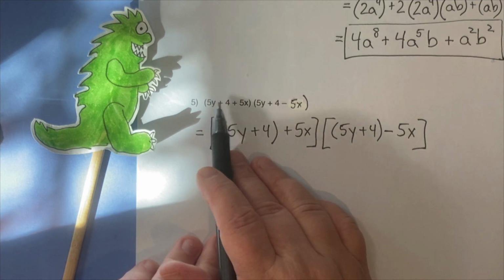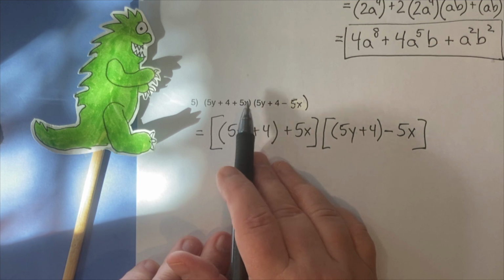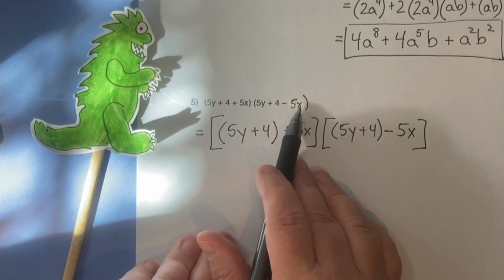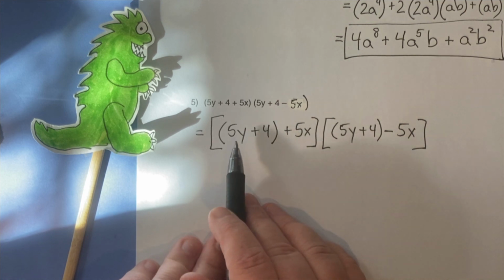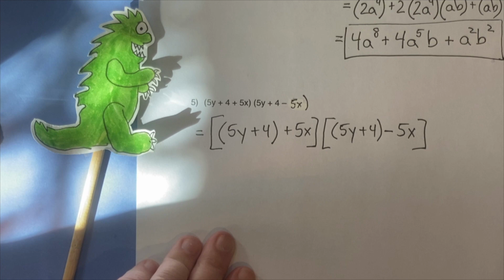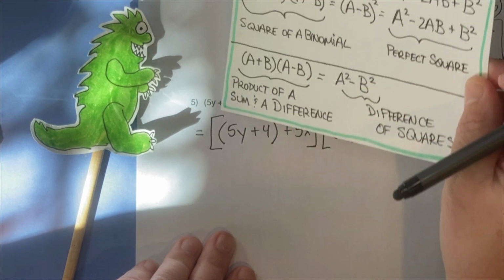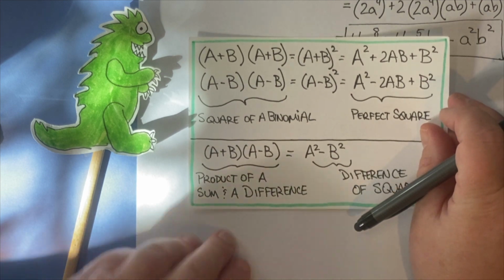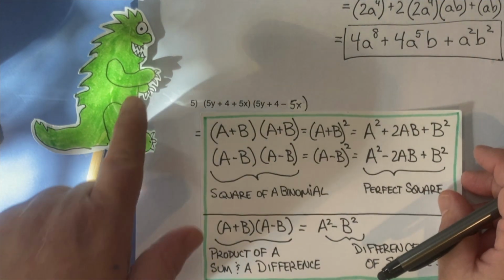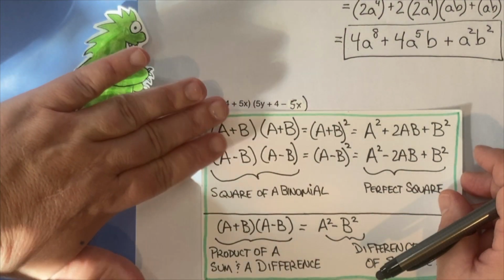So, 5y plus 4 plus 5x, 5y plus 4 minus 5x. The trick to this, and this is something that's going to come up a lot in math, is to think, okay, this is the framework. These are the things I'm supposed to be working within. I look at this and I see that everything is not exactly the same, so we're not in the top.